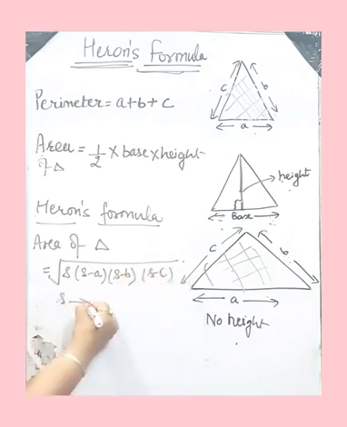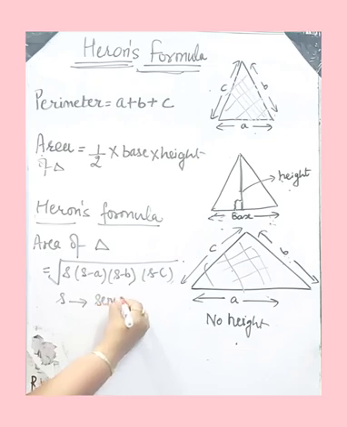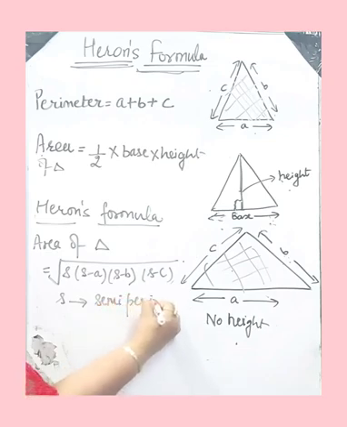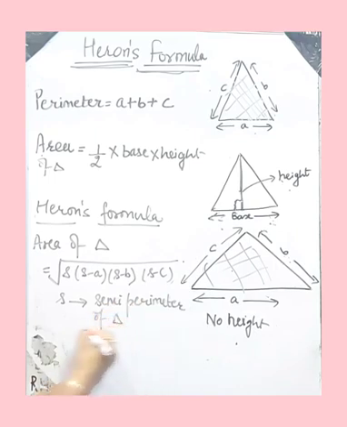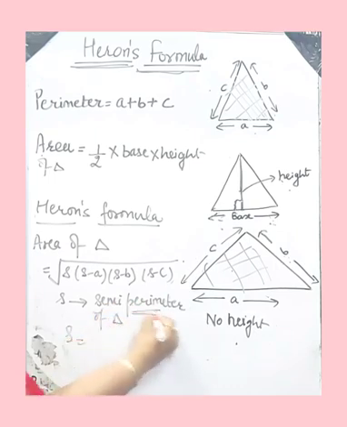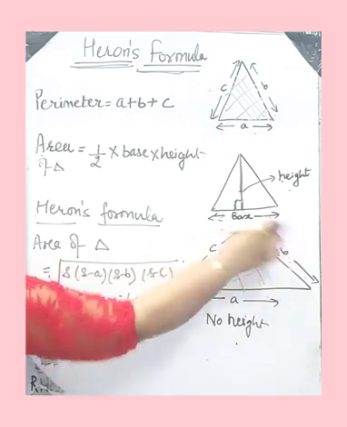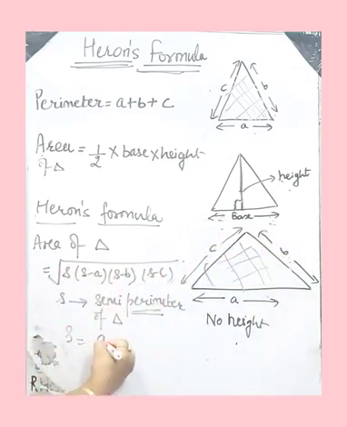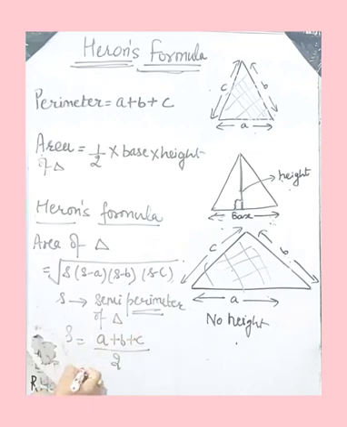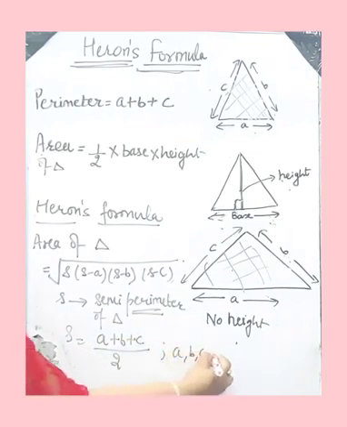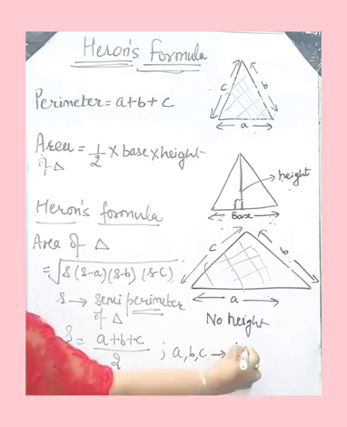Here s is the semi-perimeter of the triangle. s equals the perimeter, meaning the sum of the lengths of the three sides of a triangle, and when I divide it by 2, it becomes the semi-perimeter of the triangle. Here a, b, c are the sides of the triangle.